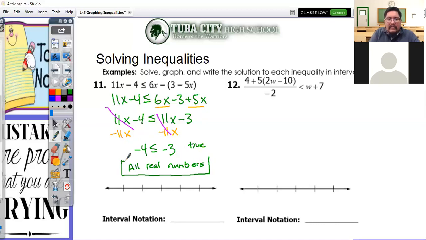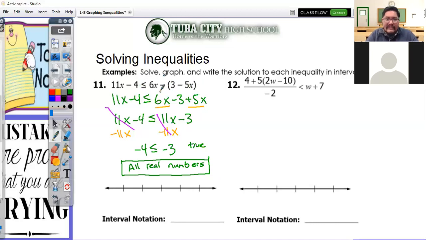Anything we put in there is going to work out. It's always going to balance out. No matter what number I put in here, whole numbers, fractions, decimals, negative numbers, this mouth is always going to be open towards the bigger side. So pretty much anything I put in there is always going to work. And again, this is different than no solution, because no solution will never work.